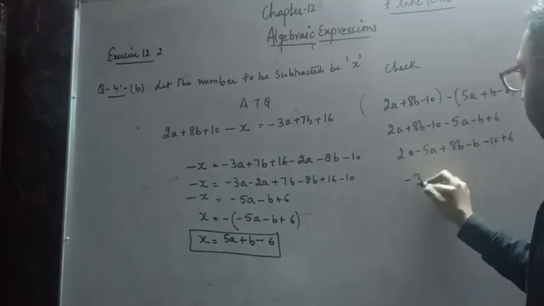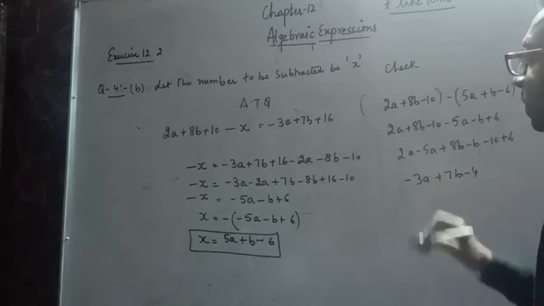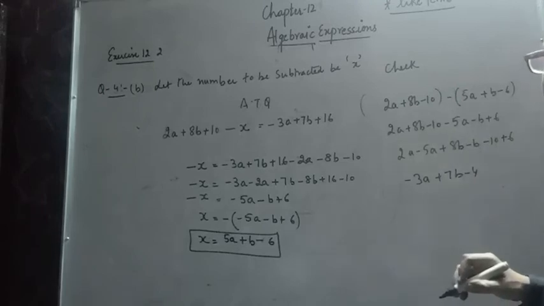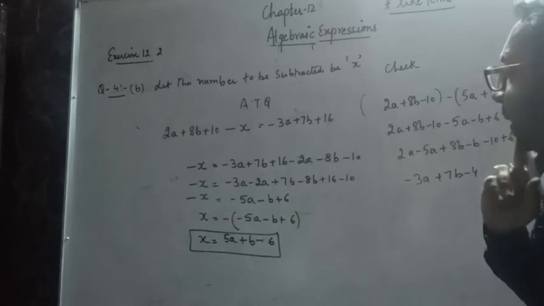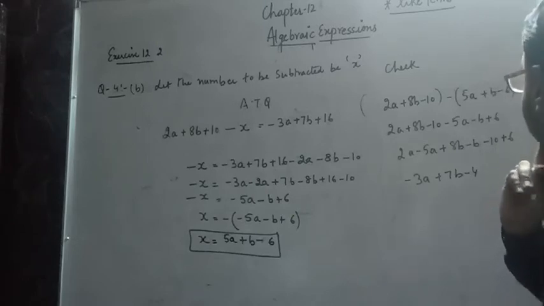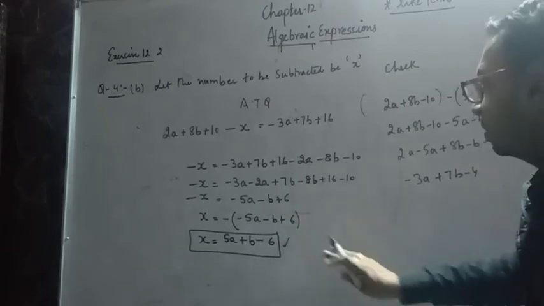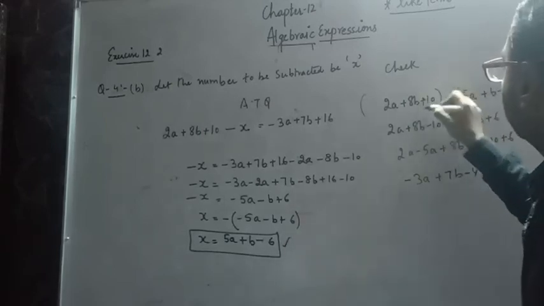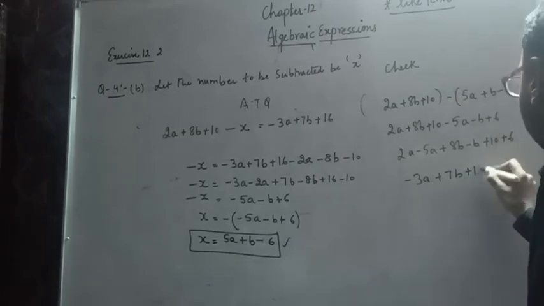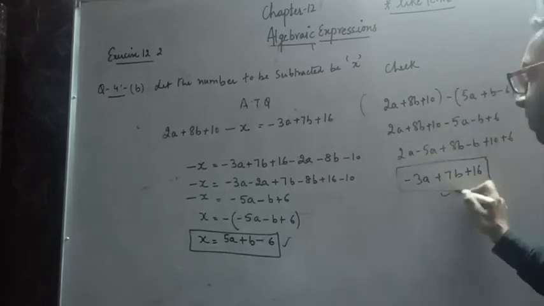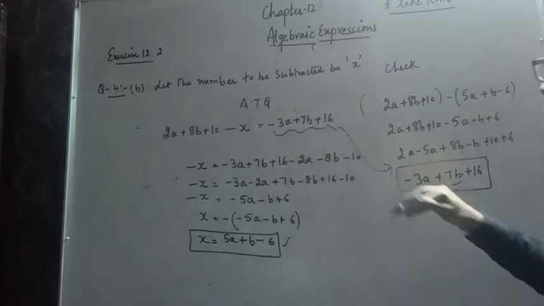It will be minus 3a plus 7b and this will be plus 4. Have I written something wrong? Okay, it's plus 10. Sorry, here it is plus 10. So plus 16. See, verified. We are getting this. Hence verified.